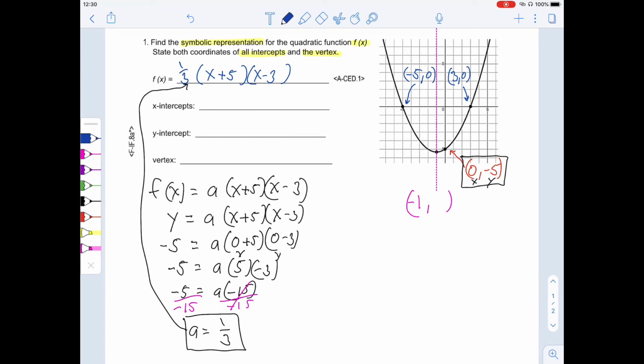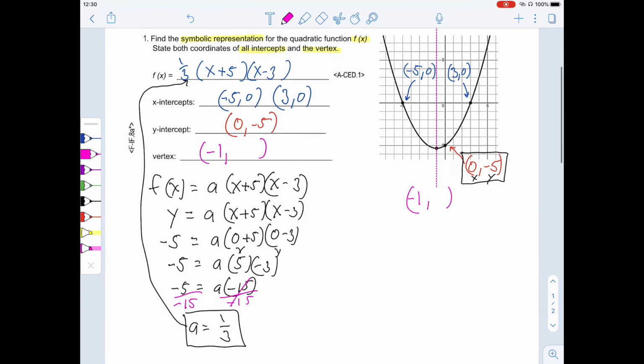Our x-intercepts were given by the graph, right? -5, 0, and 3, 0. Our y-intercept was also given, 0, -5, and our vertex is going to be -1 something, but we don't know what that y value is, so we have to use the equation to do it.